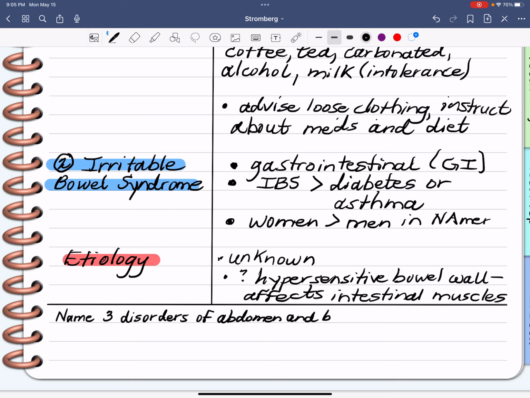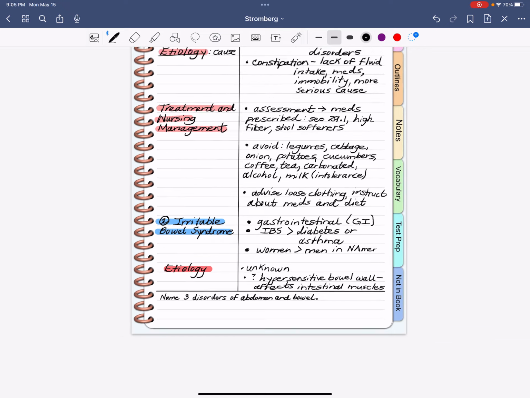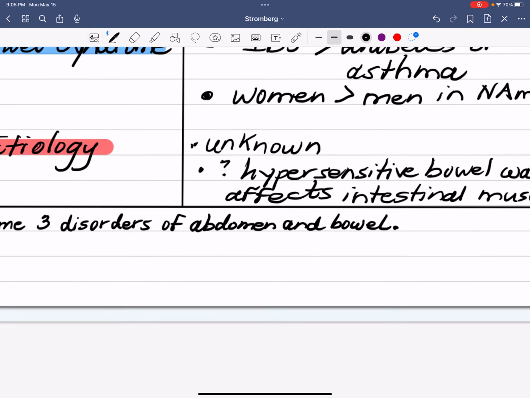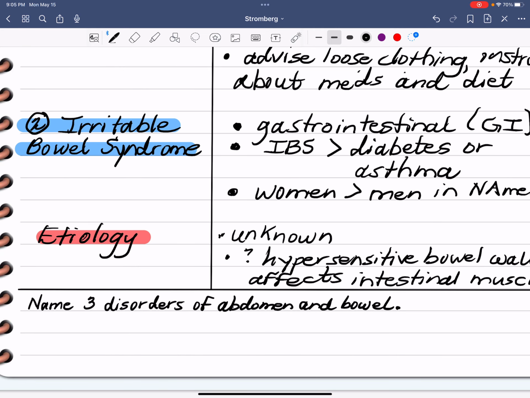I'm just writing the questions because the answers are found in these notes. This is where, as I'm reviewing for my test, I'm reading the questions on the bottom. If I can't answer these questions from memory, then I go back in my notes. If I can answer them, then I just keep going.